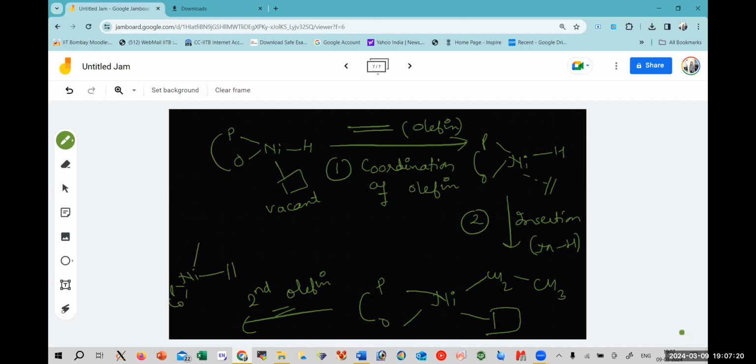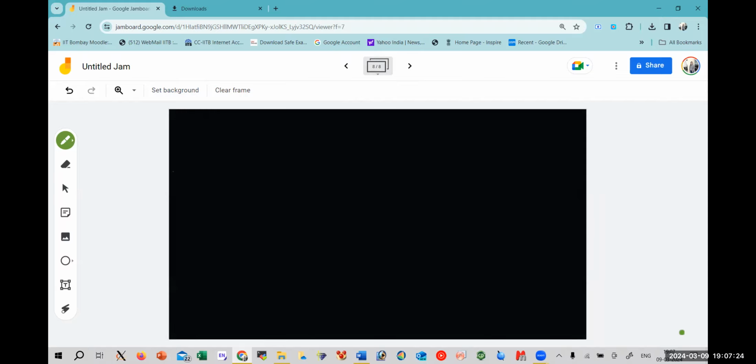Here the second bond CH2CH3, followed by this, again continues to give you CH2. Earlier it was CH2CH3. Now there would be a chain of 4 carbons. And if you want to see, this is alpha, this is beta.